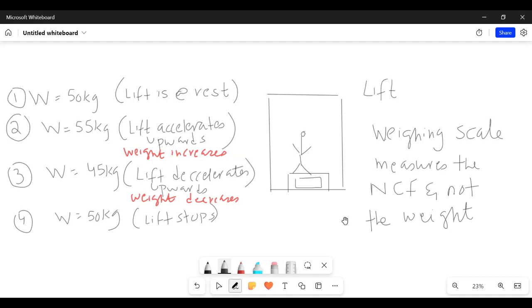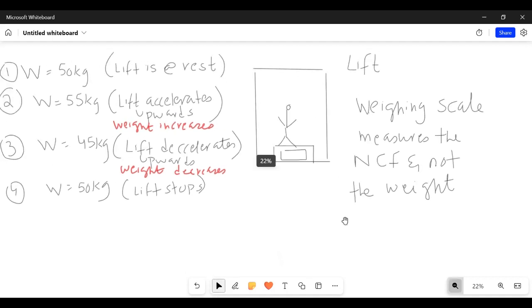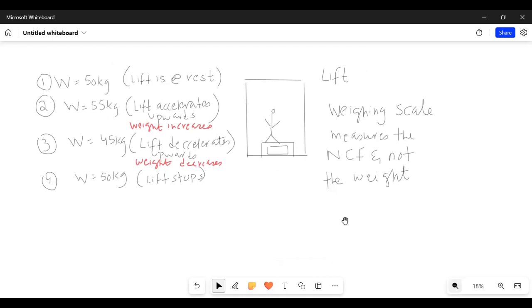So what's happening in case one? How come the normal contact force and the weight have the same value? Okay, so in case one, the lift is at rest.